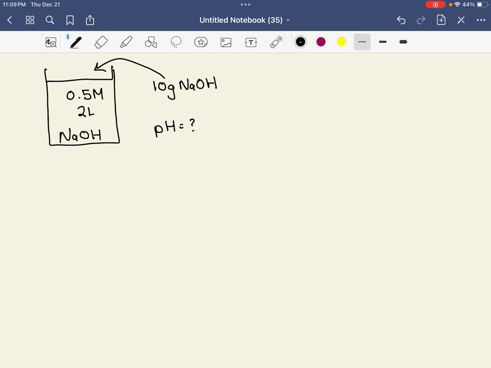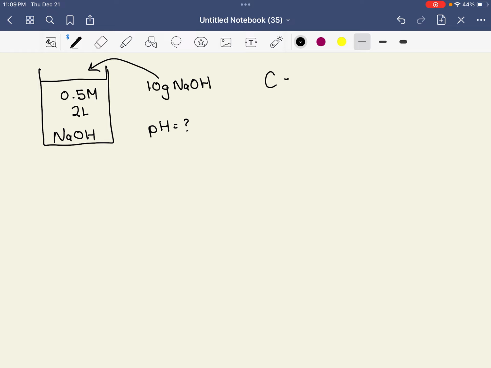Well, before you find pH, you need to find concentration. So the concentration is the total mole divided by the volume. Again, making the assumption that this will not affect the volume. So volume is going to be 2 liters.